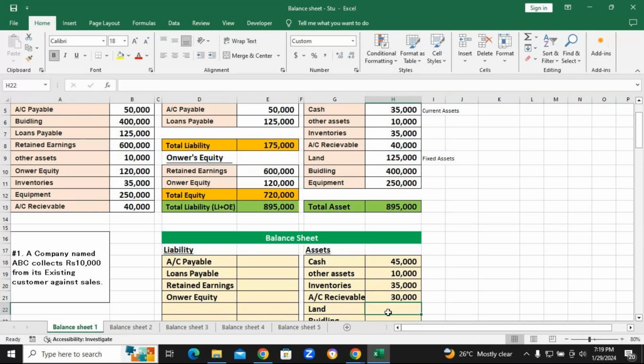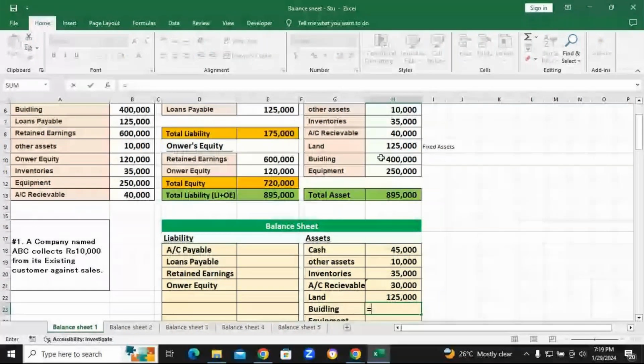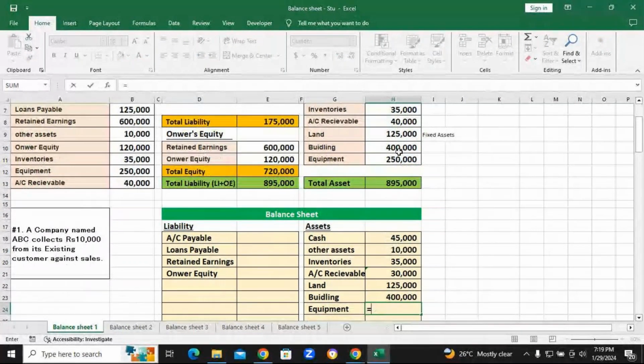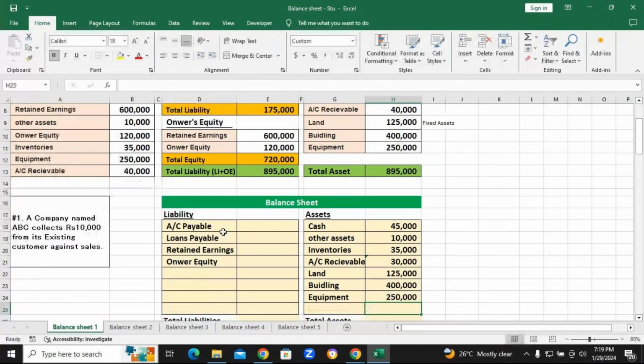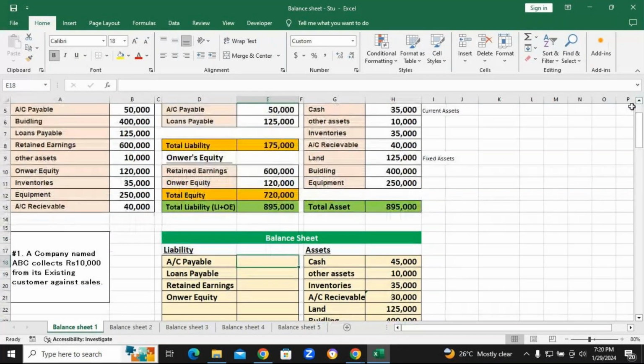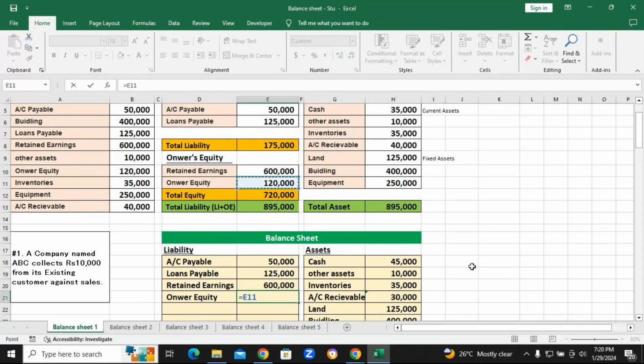Okay. So land equals 1,25,000, building 4 lakh, equipment 2,50,000. Then account payable equals 50,000, loans payable 1,25,000, retained earnings 6 lakh, then owner's equity 1,20,000.